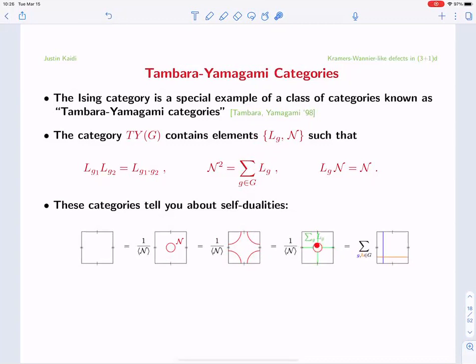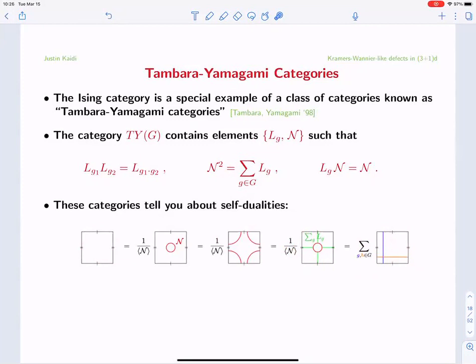Then I can shrink this circle in the middle down and get rid of this factor, and I'll get this picture. Here I've pulled the sums out front. So this picture here is, of course, just the gauged torus partition function. And so the point is that if I have an N defect like this, then the theory before and after gauging is the same.